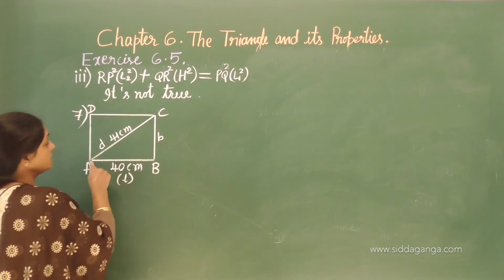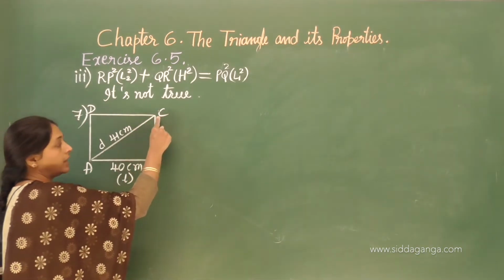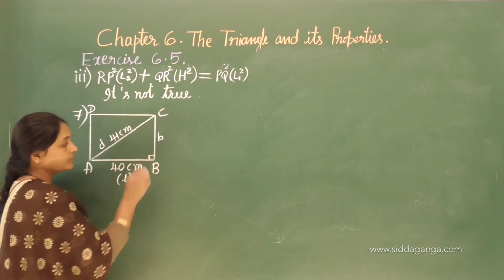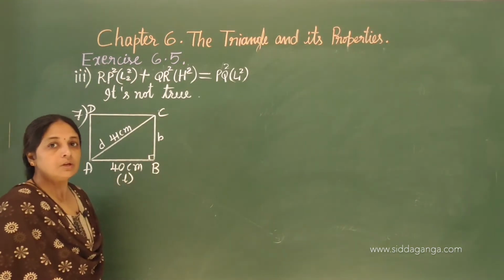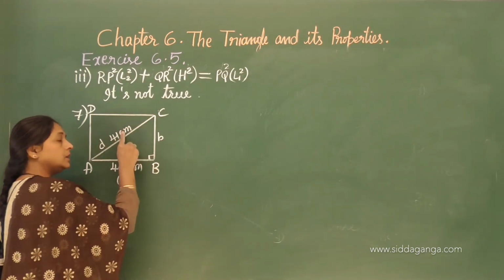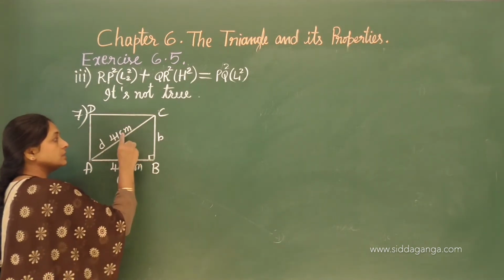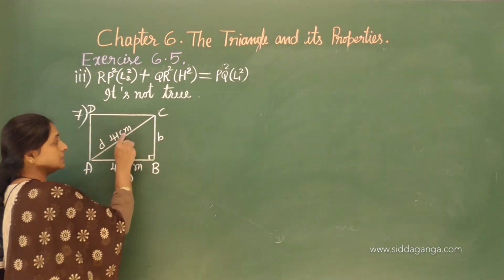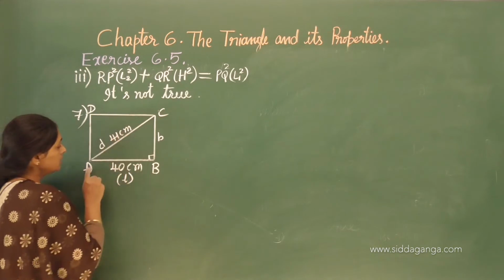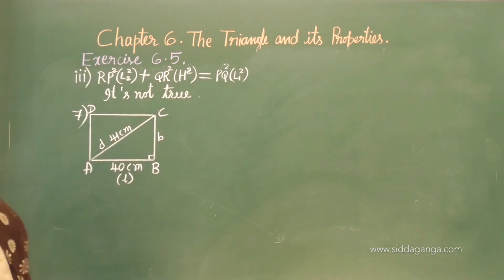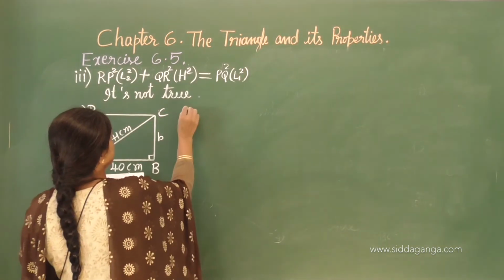Since the diagonal is considered as hypotenuse, this angle is equal to 90 degree. This is a right angle. Then the side opposite to this angle, that is 90 degree, is considered as hypotenuse. This is length, then breadth.